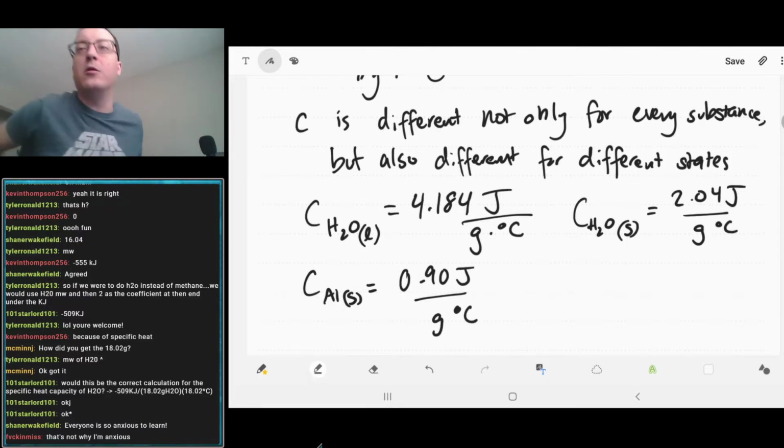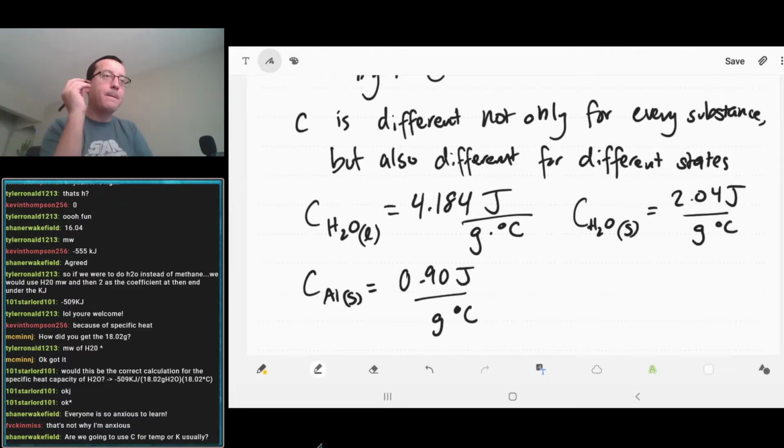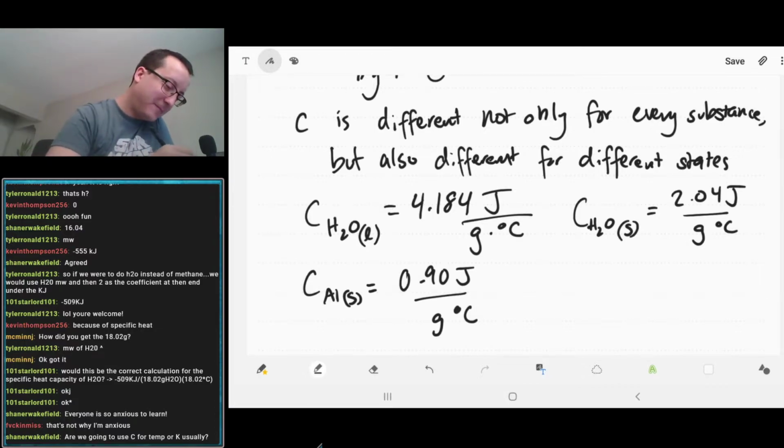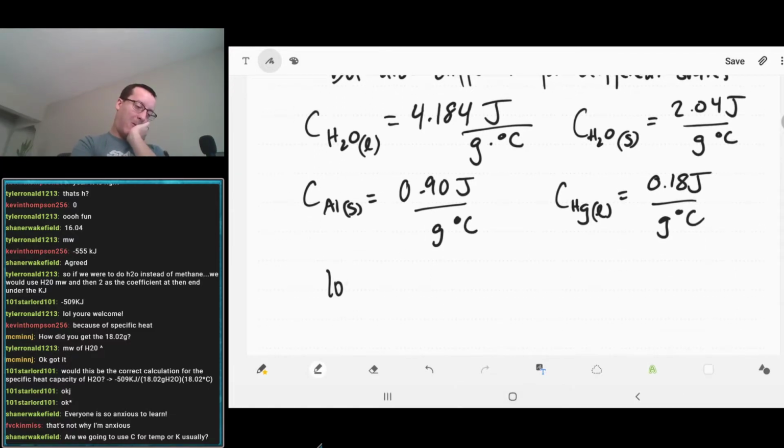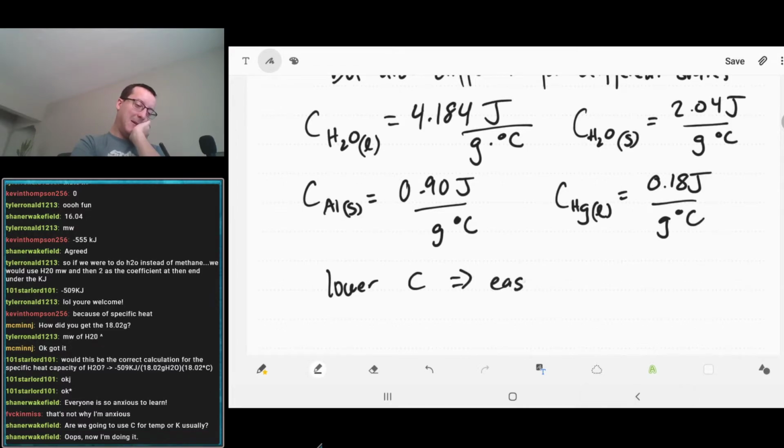These numbers can go all over the place. And one more. Okay, just some examples for what these numbers might look like. We see that a lower C means easier to change the temperature.